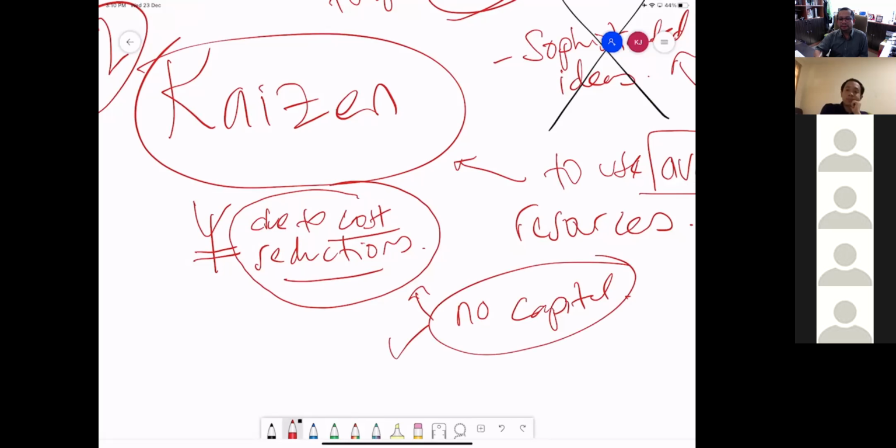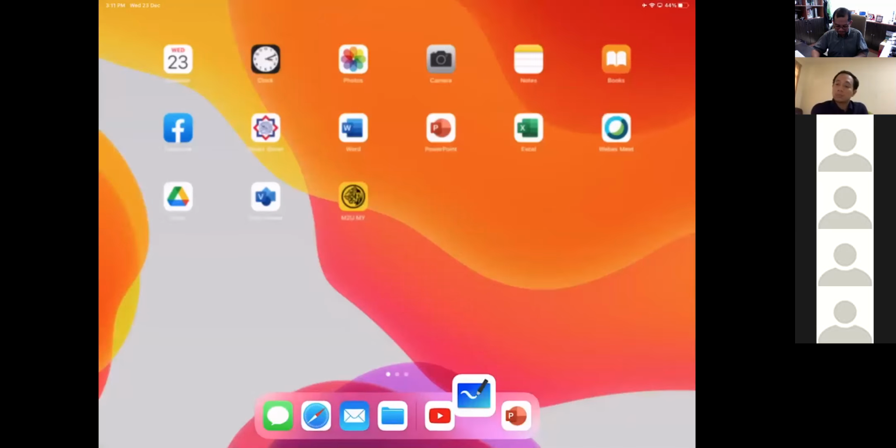If Idlan remembers, when we were in the factory, I always mentioned that, right? Do Kaizen with less capital or zero capital. That's the target. If you want to do Kaizen, then you request extraordinary budget from the management, that's not Kaizen. That's rubbish.